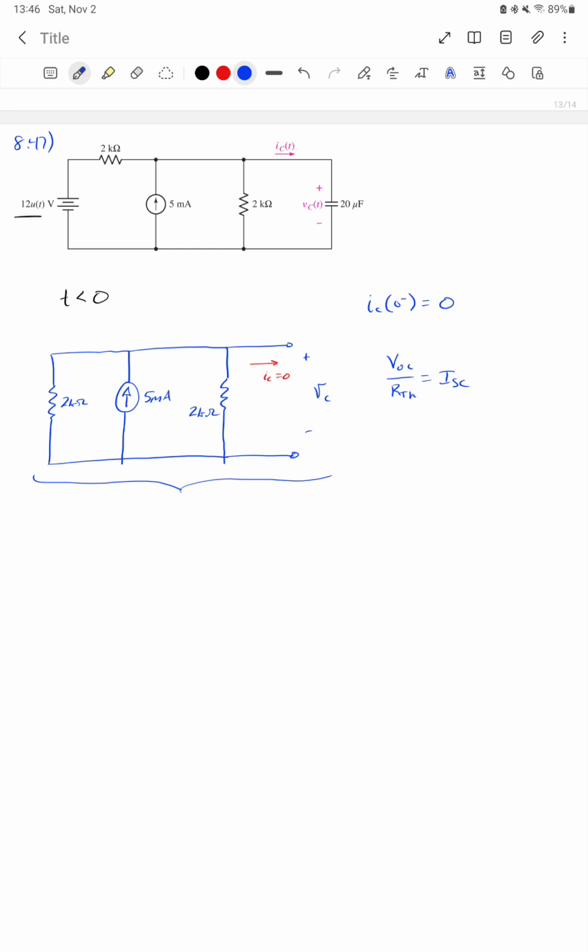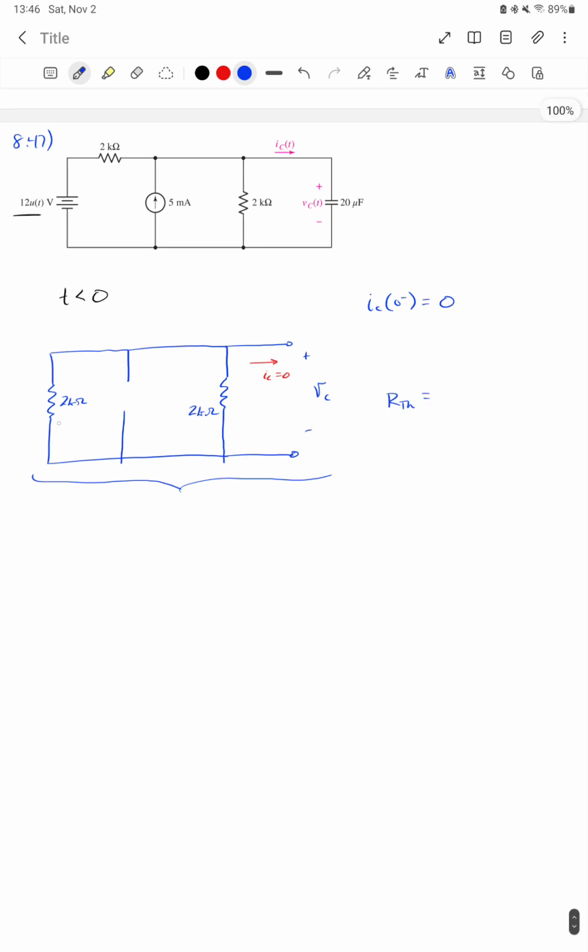So let's do it that way, where we turn off this power supply, and then we say, all right, so our Thevenin is going to be equal to 2 kilo ohms parallel with 2 kilo ohms, which a lot of people like to use that little quick formula. I like to just do 1 over 2k plus 1 over 2k, to the negative 1.